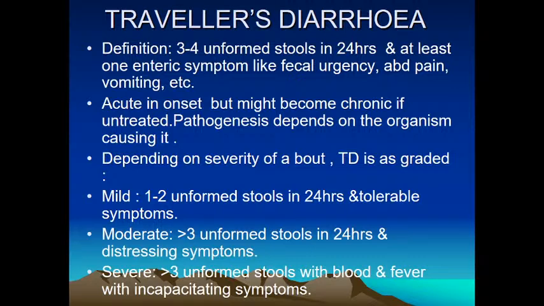Traveler's diarrhea is when a person has 3 to 4 unformed stools in 24 hours associated with urgency, abdominal pain, and vomiting. Pathogenesis will depend on the organism which is causing it. In mild cases you have 1 or 2 unformed stools, moderate cases more than 3, and severe cases much more.